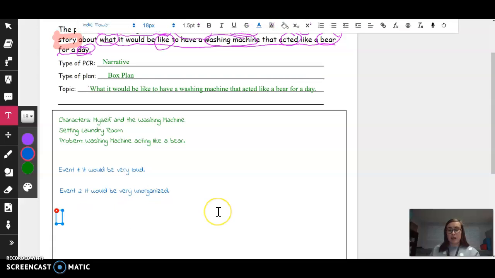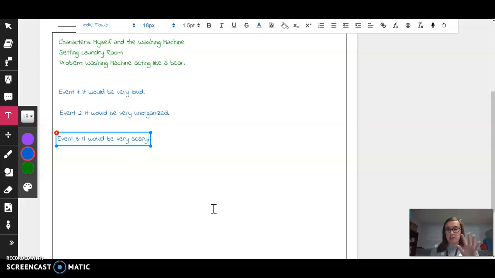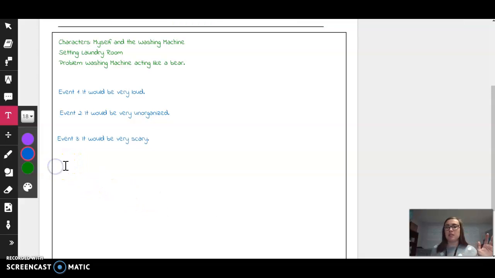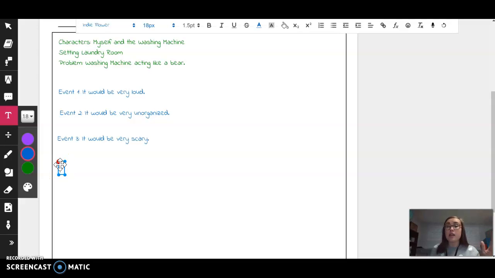The other thing that I would, for my event number 3, is that it would be very scary. Because it would be a little scary and a little weird if I had a washing machine that acted like a bear. Because bears in general are scary. And so I'm just thinking if I had a washing machine that acted like a bear, that would personally be scary.